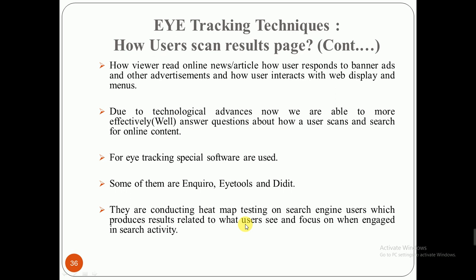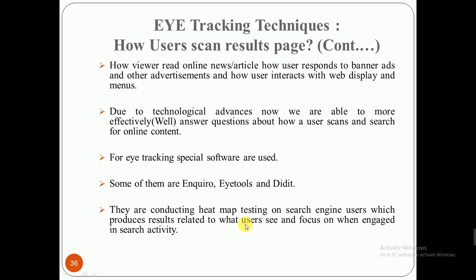Due to technological advances, we are now able to more effectively answer questions about how a user scans and searches for online content. So this is the technological advancement which can be helpful to answer the question of how a user can scan and search online content.